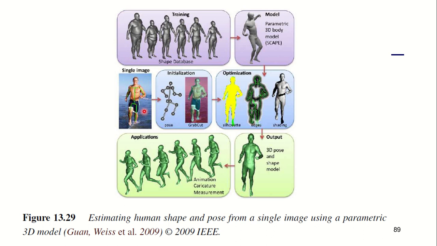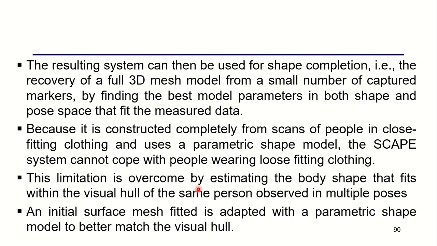Adding up with the model, and from the real-time picture, edges and shading are obtained, and then the output is imposed over the model, that is the 3D pose and shape model. With the animations, it can be used for different applications, and caricature measurements can be made from it. This is how the human shape and pose is obtained from a single image using a parametric 3D model.